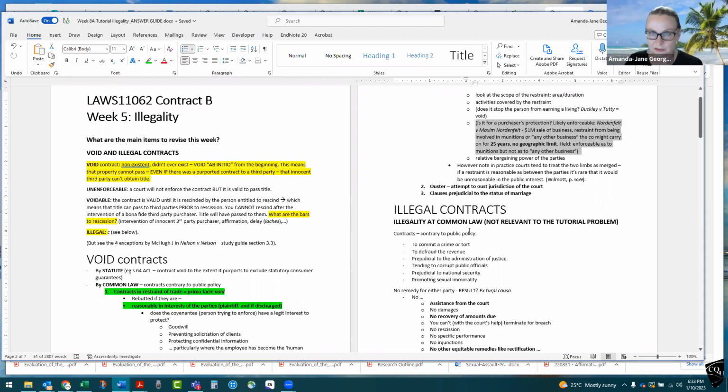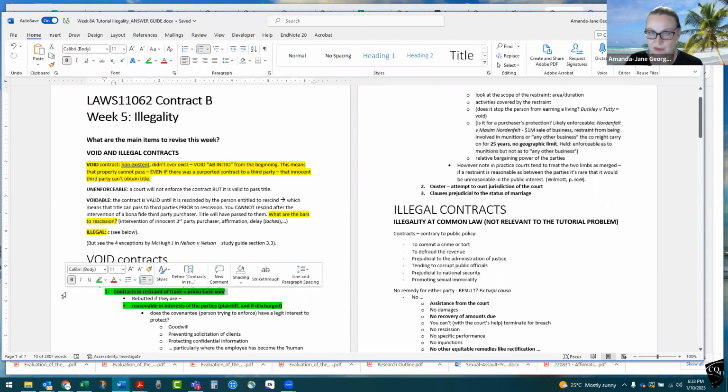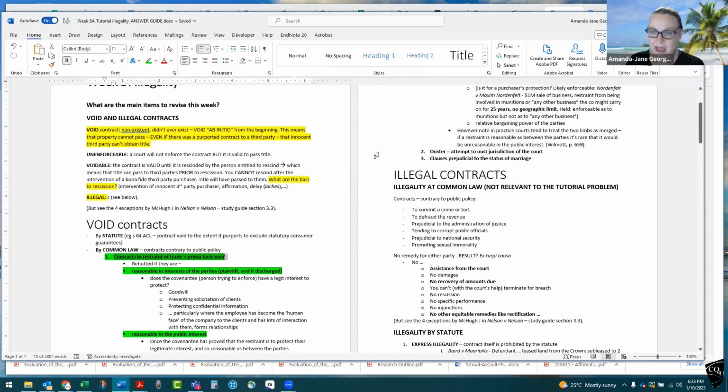Of all of the void contracts at common law, that is the one that you will get across your desk most regularly in practice. Restraints of trade. Sometimes restraints of trade in business, but more often disgruntled ex-employees that don't like their restraint. Okay. The other one is ouster, where you attempt to oust the jurisdiction of the court.